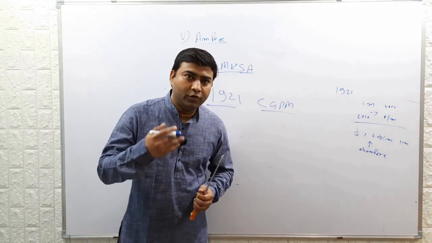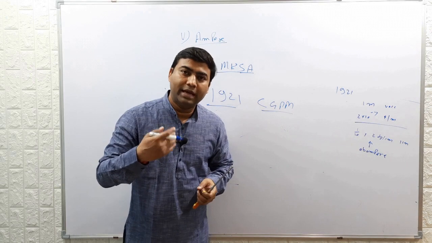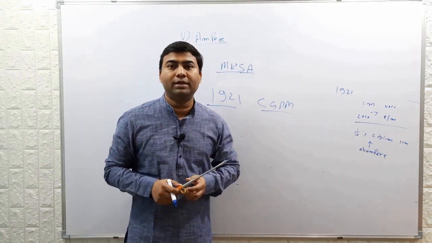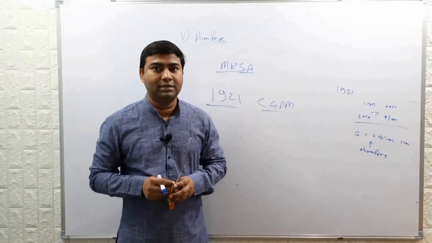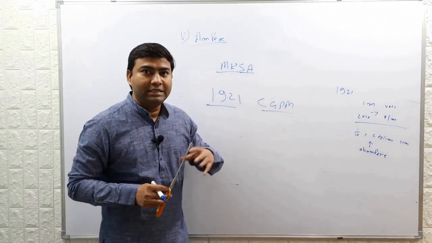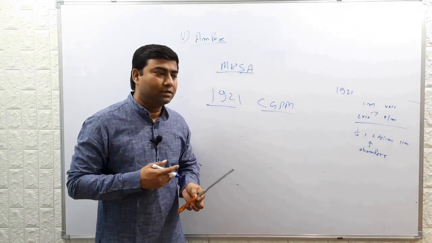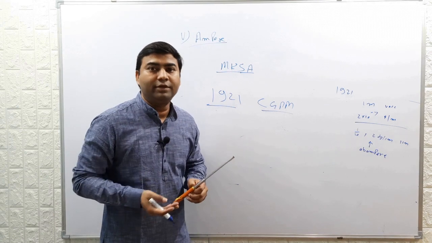Before 1921, there was the CGS system, which was given by the British Association for the Advancement of Science and officially adopted by Britain. The CGS system is older than the metric system in terms of convention.